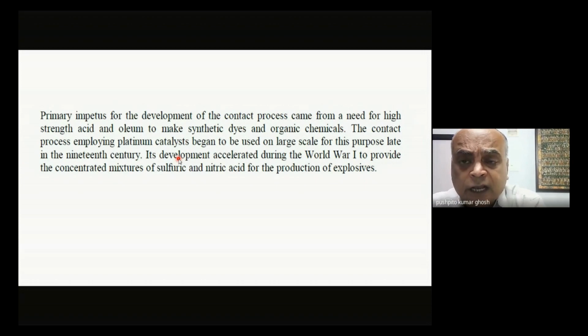So many of the sulfonation reactions were with oleum, and so there was a need for concentrated sulfuric acid. That's really what the contact process was able to cater to, which the chamber process could not. That was actually probably the most important reason, rather than NO2 safety and so on. Those were actually secondary.